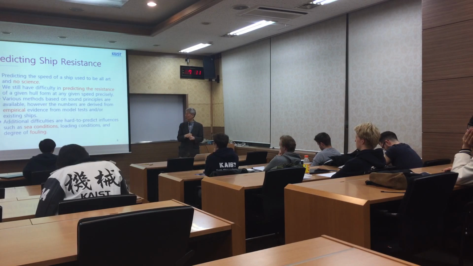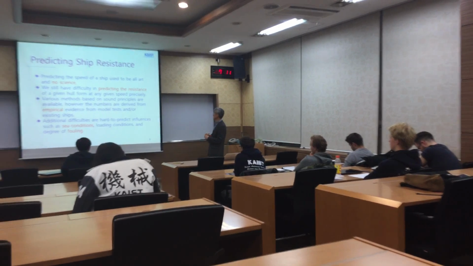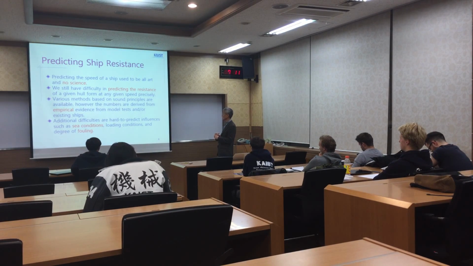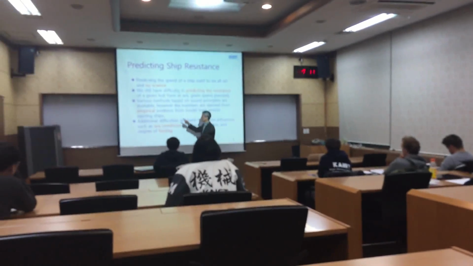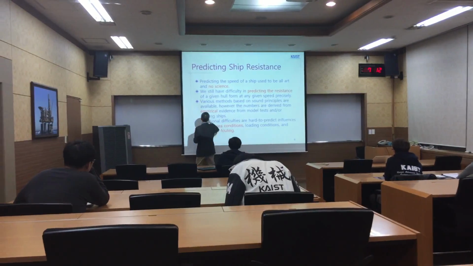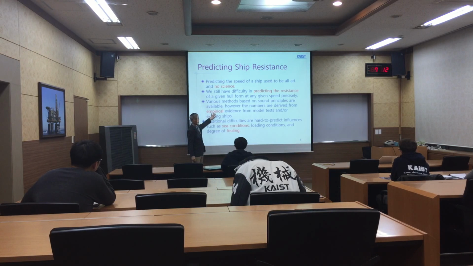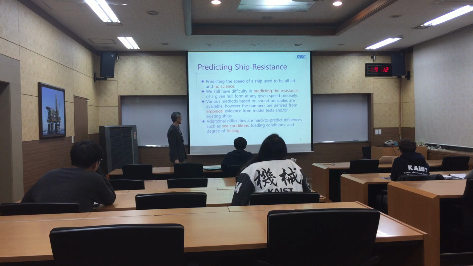Various methods based on sound principles are available. Yes, there are. However, the numbers are derived from empirical data. Empirical means from data, previous experience, data coming from previous projects, not this one, and model tests, and all existing old ships.